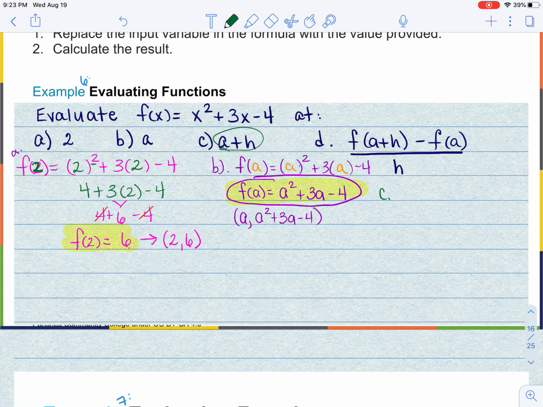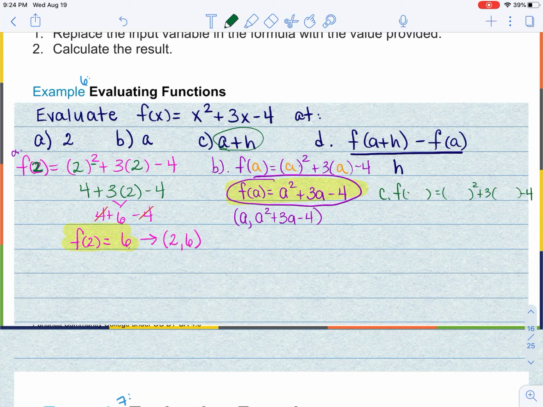C, we're substituting in a plus h. So we have to really remember some of our math skills here, these rules. So x squared plus 3x, nope, not plus, minus 4.